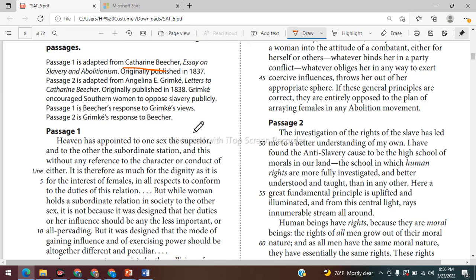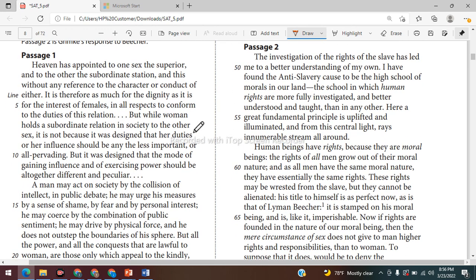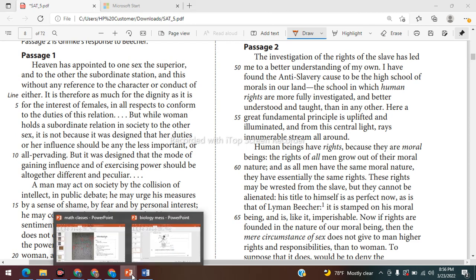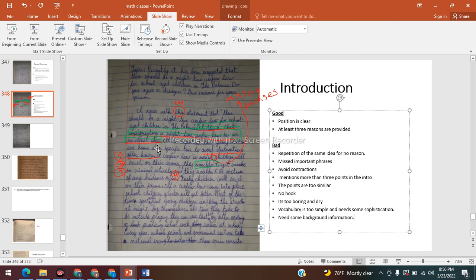A good thing to do is rewrite an essay, like how I corrected this person and they rewrite it. They'll find new ways to express themselves. So read, learn new vocabulary words, and write, and rewrite, and you'll be good like that.